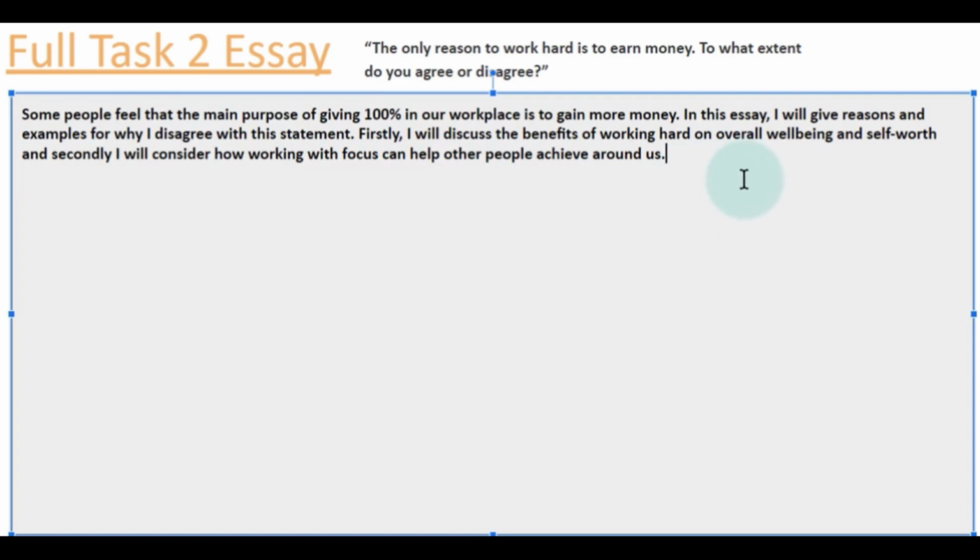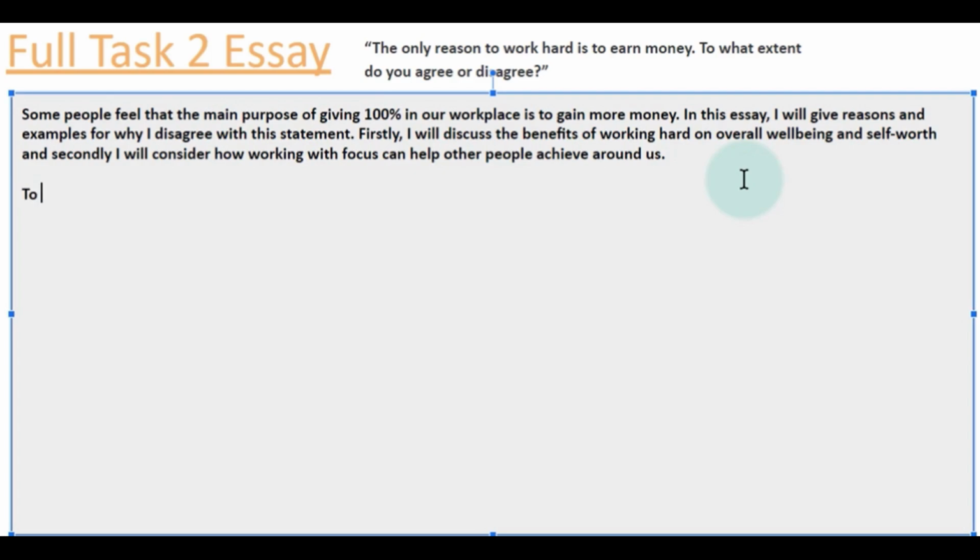Okay, so let's begin with my plan on self-improvement and building and developing skills. So maybe I'll start with that, self-improvement and skills, and then second, in supporting paragraph 1, I'll talk about self-worth and overall well-being, that feeling of satisfaction when we achieve something at work.